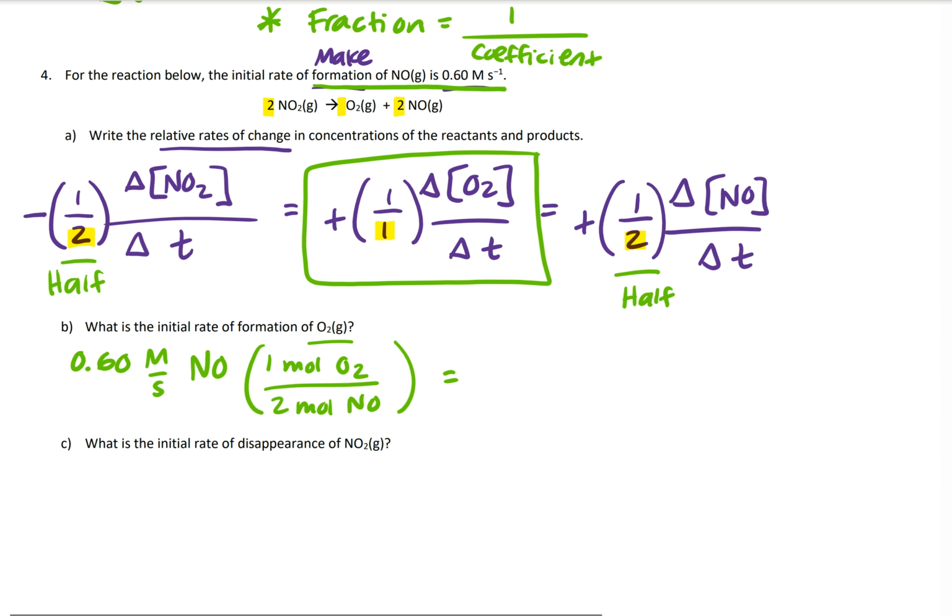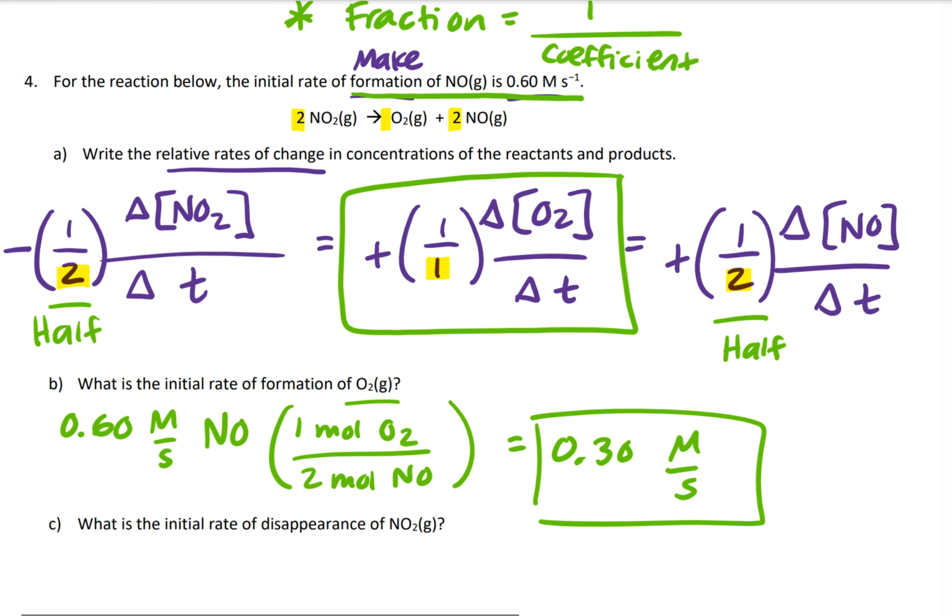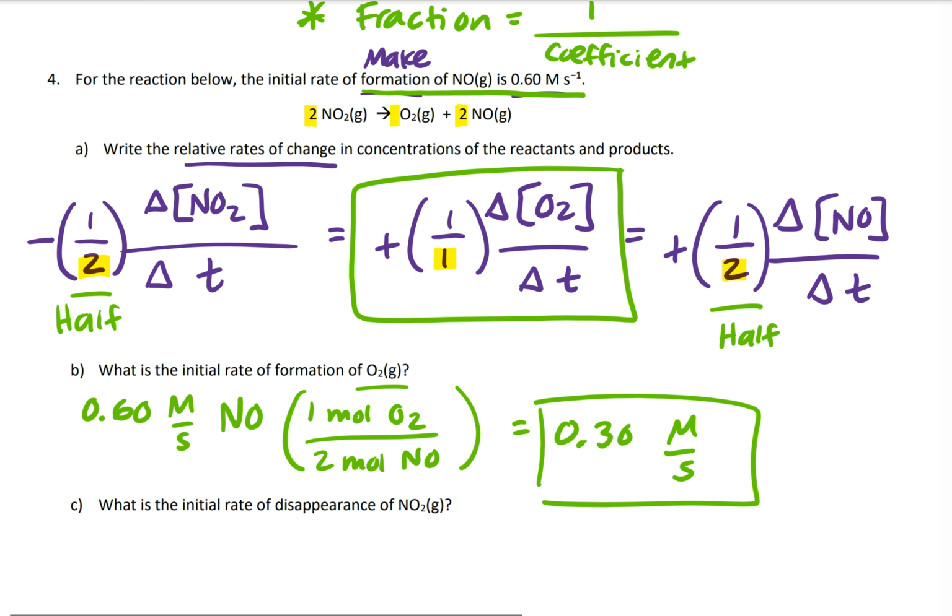So half of 0.60 is 0.30 molar per second. And that's exactly what I would think would happen, because I look at the balance equation, the coefficient of oxygen is a 1, and that of NO is 2, so I would suspect that oxygen is only going to be half the value of NO, which is exactly what we have here.